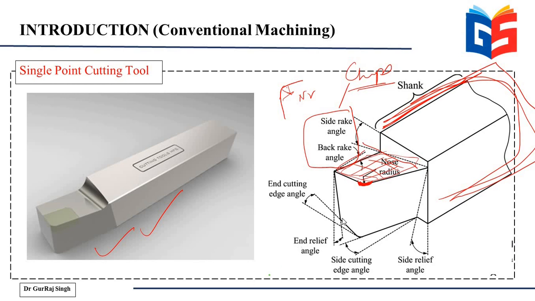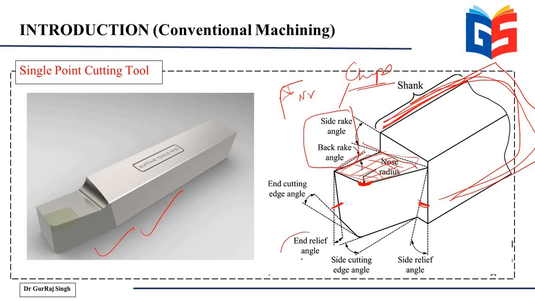Then you have the end relief or the side relief angle. Now what is the relief angle? These relief angles, this one and this one, are basically to prevent the tool from coming into contact with the workpiece at any other point.